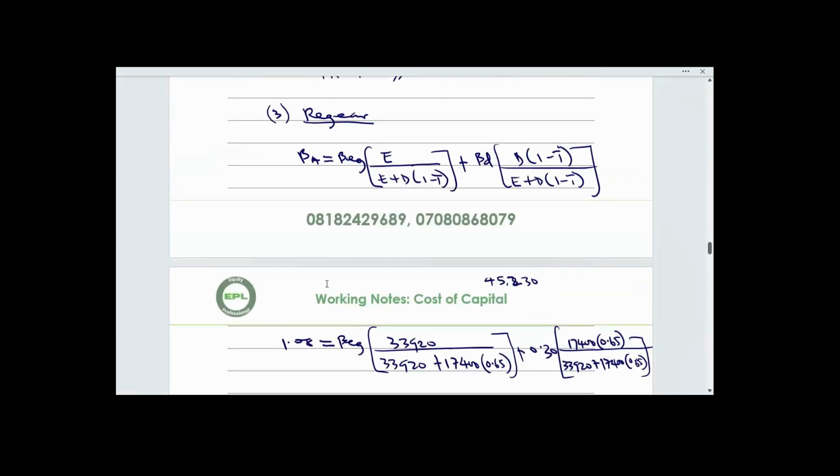I will then move to step 4. Step 4 says you should calculate cost of equity, CAPM. So KE equals risk-free rate. Again, on the day of your exam, there is no need for you to be writing the formula again. You've already written the formula in the first requirement, so just put your numbers there and move on. Beta times market return minus risk-free rate of return. Risk-free rate of return is 9%.